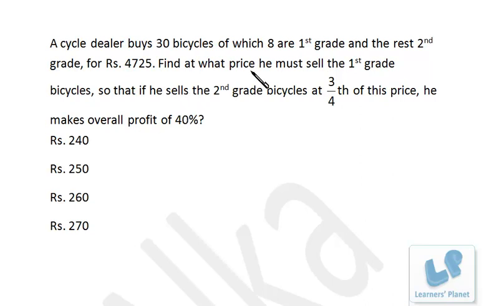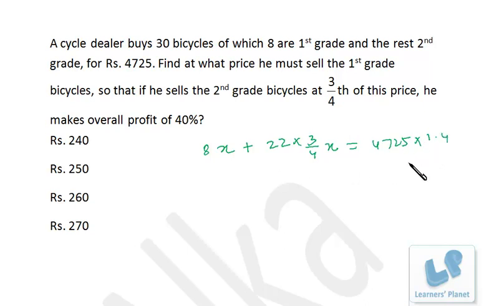I assume the selling price of the first grade quality is X rupees. So he is selling 8 bicycles for X rupees. So this is the revenue, and the remaining 22 bicycles at 3/4 of X. So this is the revenue, and overall revenue is what? 4725 into profit is 1.4. 40% profit, that means this is the cost price, so 1.4 times of that is the overall selling price.